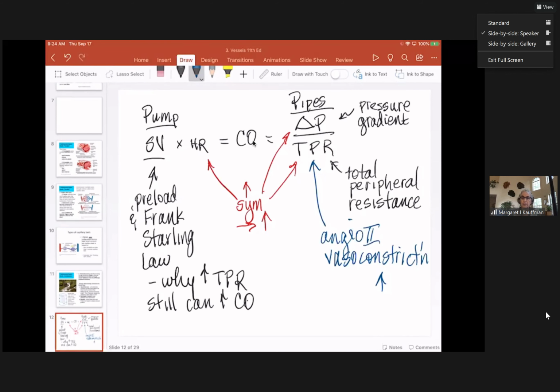As I have been drumming, the book and most of the focus of this is, of course, on the systemic circuit. But remember, all of the things we're saying are also true for the pulmonary circuit. So that half of the blood that's exiting the heart is actually going to the lungs.